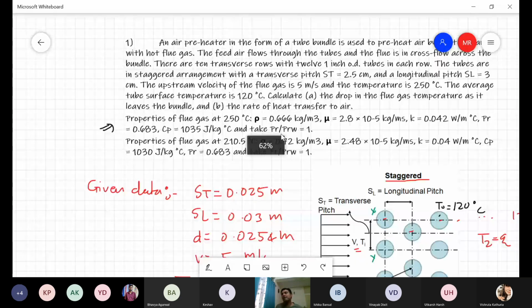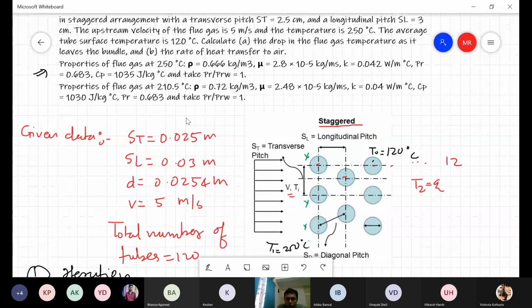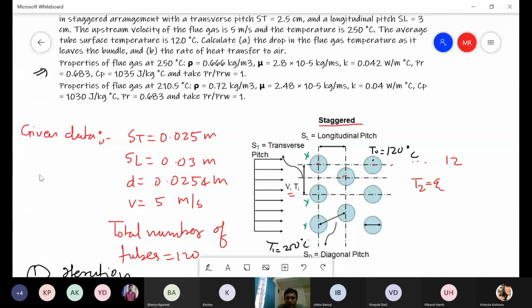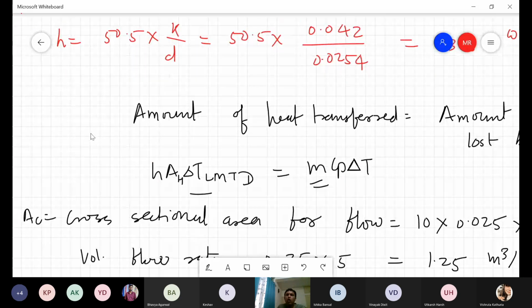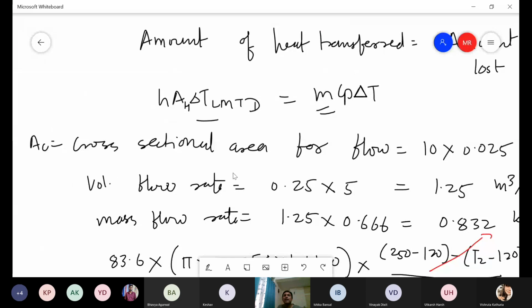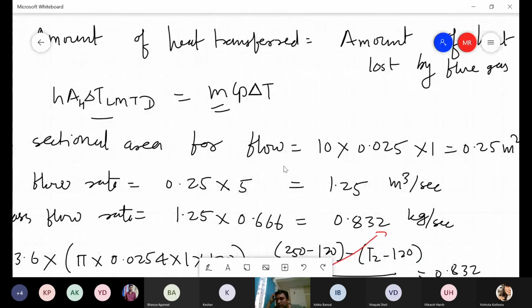When we calculated the cross sectional area, remember we said 10 transverse rows are present, that is what was said in the problem statement. But for your Monday batch, what we did was 5 into 0.025. That is the mistake we made for the Monday batch.